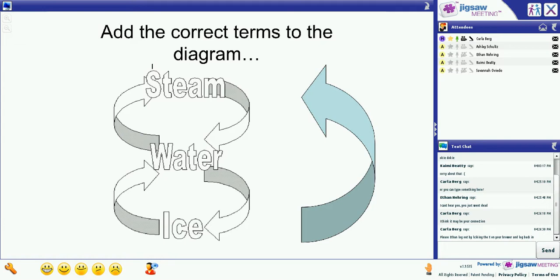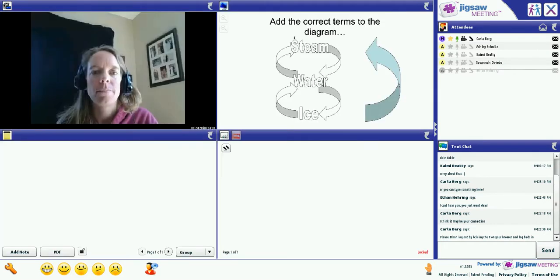While we're waiting for him, let's take a look at this diagram. Now, we're not going to add anything here, but what I am going to do is take this picture and put it on our whiteboard and label it there.